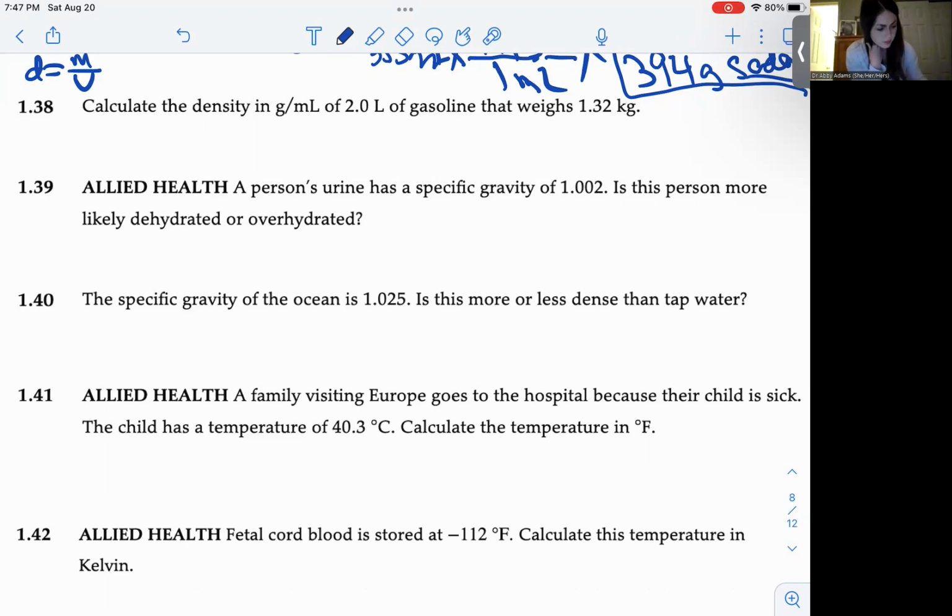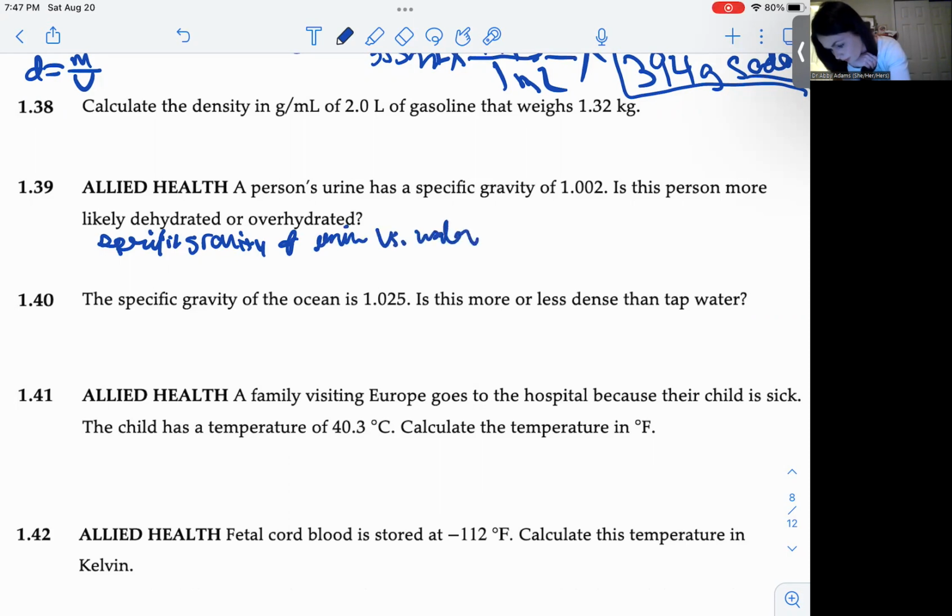Okay, so you remember, we're looking at the specific gravity here of urine versus water. That's what specific gravity is.